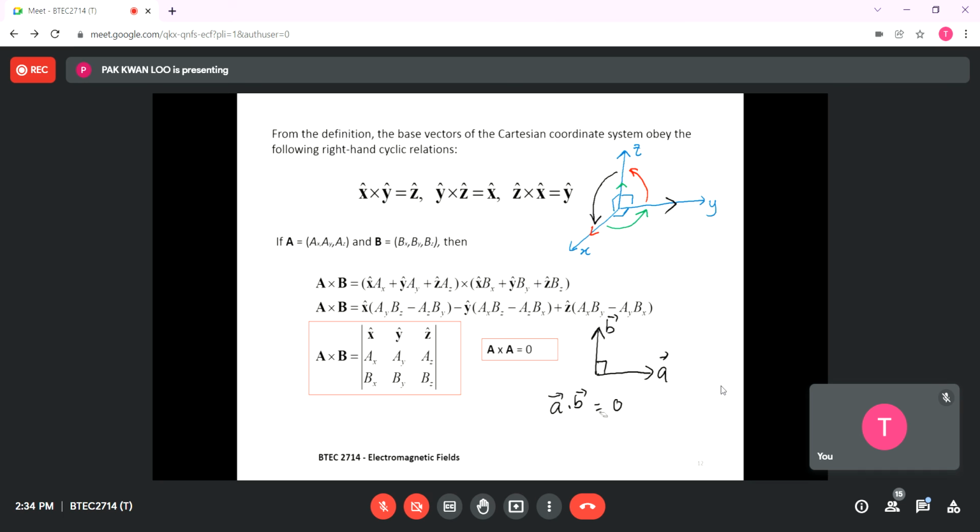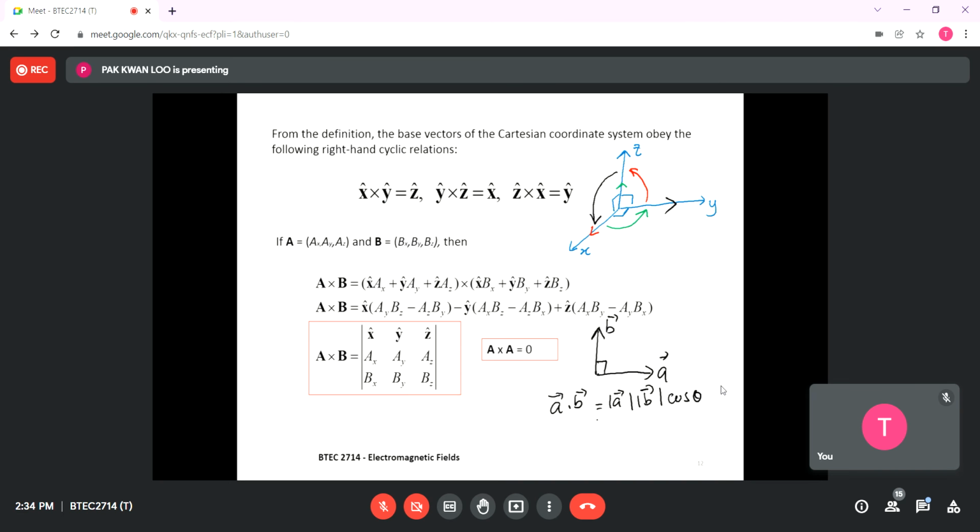Based on the vector dot product, we know this is the magnitude of A multiplied by the magnitude of B, cos theta, where theta is the angle made between vector A and vector B. If the vectors are perpendicular and I substitute 90 degrees, the right hand side is going to be 0.